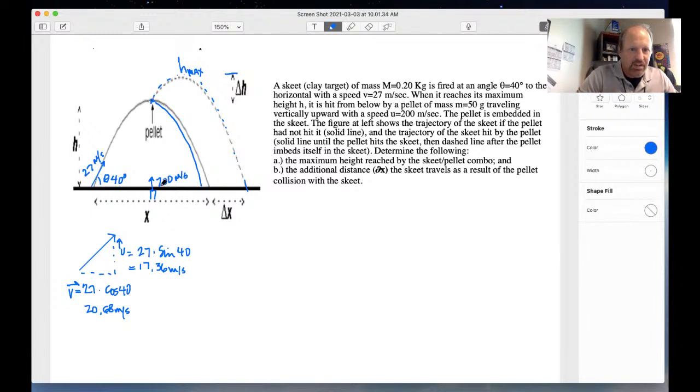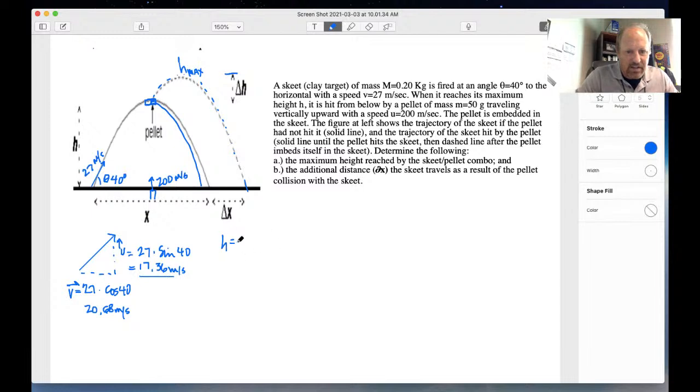The height will then help us figure out how fast this pellet is actually moving when it collides. So the height that it gets to can be found a few different ways. Probably the easiest way is to say we could find the average speed between its start speed and the final speed at the top here, which is actually 0. So the average speed is half of this original vertical speed.